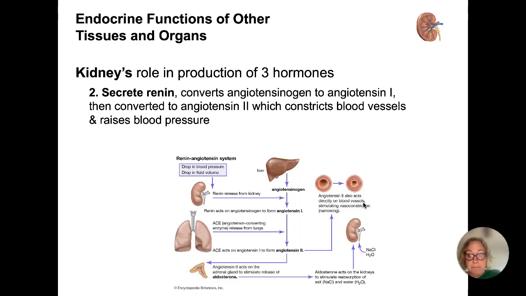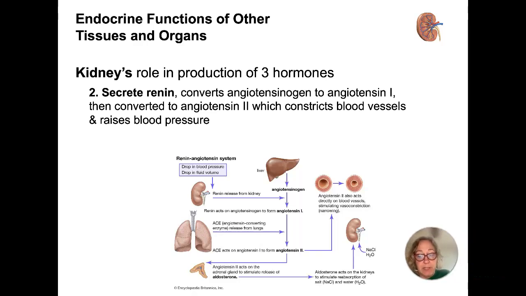So what does that mean? That means your kidneys are controlling your blood pressure. Come on. That's cool. This is why I love the kidneys so much, right? This is why I actually just cannot get enough of the kidneys, because your literal kidney right here is angiotensinogen to angiotensin to angiotensin 2, basically controlling the constriction of your blood vessels.